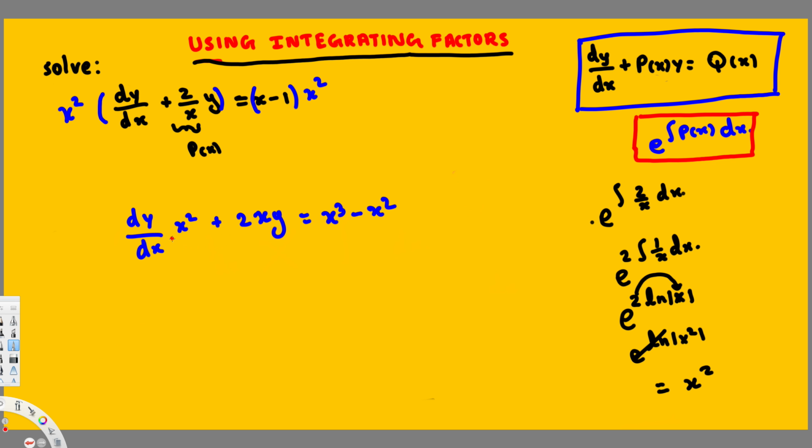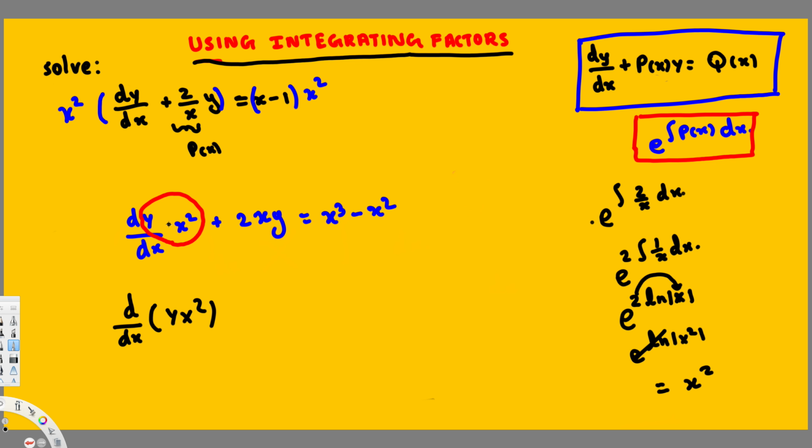Now here's the interesting thing. After we get this one, this part, we can separate like this, and if you write only this part like d over dx of y x square, and you find the derivative of this one, you will get this one back.